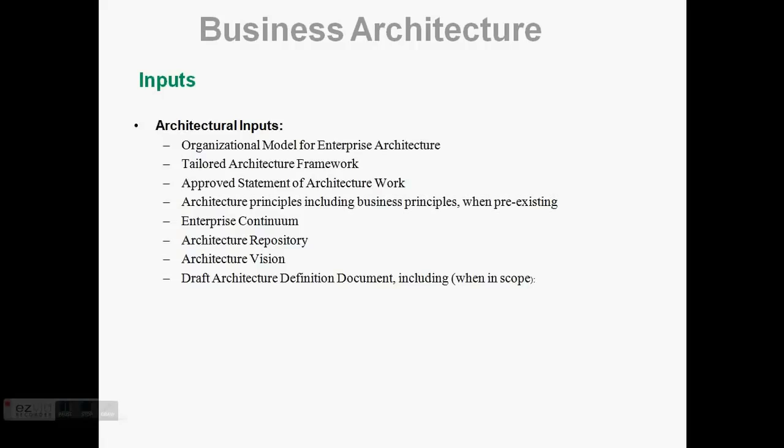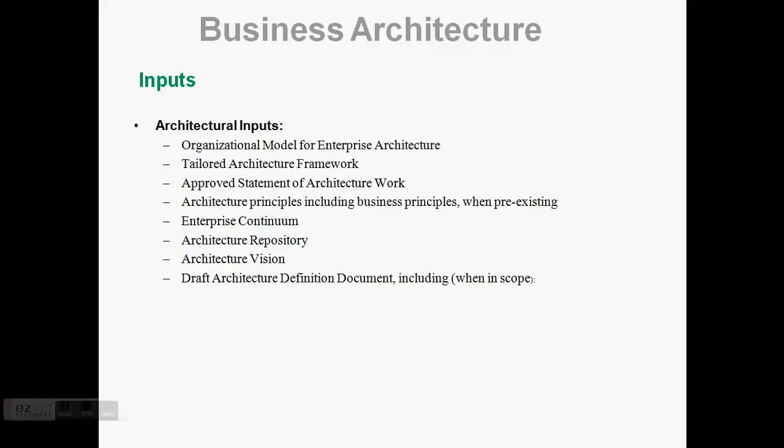We are also talking about the enterprise continuum in this input. So we need to have the enterprise continuum as part of our input that can provide us with pre-existing capabilities or pre-existing models and building blocks.